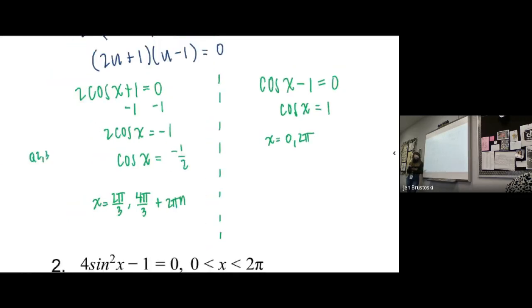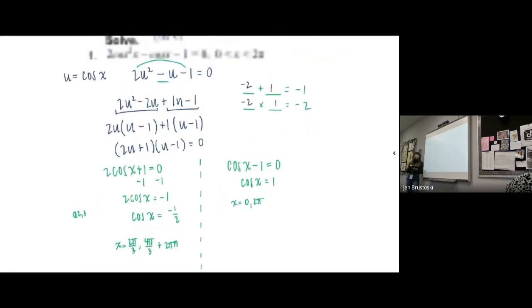All right, and then for our final answer, I am looking for my values between 0 and 2 pi. Are 0 and 2 pi included? No, so these two values are not in the domain.